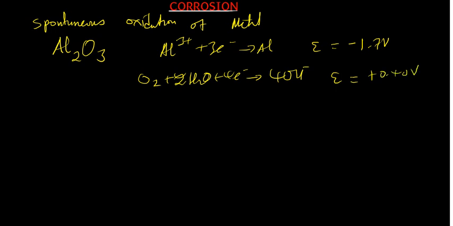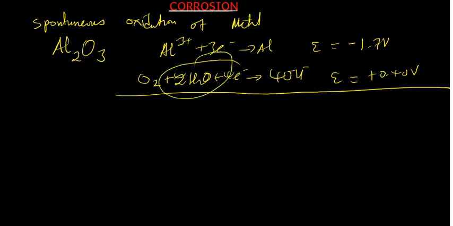Now we can see when this reaction is to be spontaneous, we need to reverse one of these reactions. So it is either we reverse this or reverse this, but whenever we are reversing a reaction, we always reverse the one which is more negative. And so this reaction is more negative, and so we are going to reverse it.